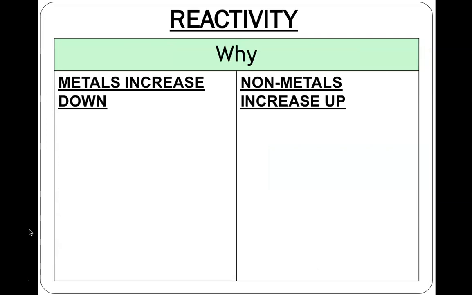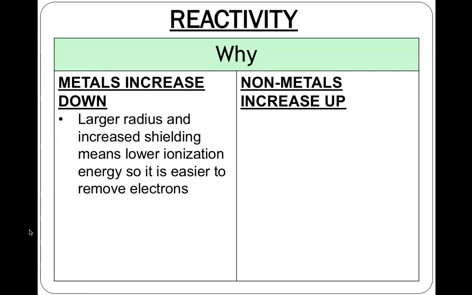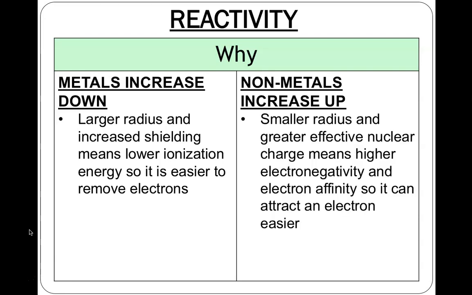So the why, I kind of already alluded to a little bit there. Metals increase reactivity going down: larger radius, increased shielding, lower ionization energy, easier to remove electrons. So again, size of radius versus strength of nucleus. The nonmetals increase going up, as we said: smaller radius, greater Z effective, higher electronegativity, higher affinity, don't worry about that.